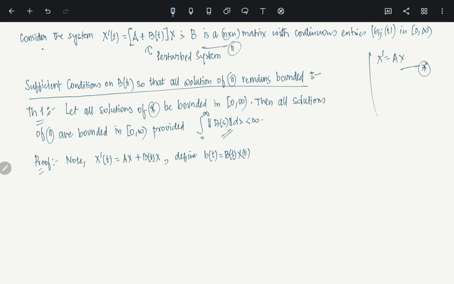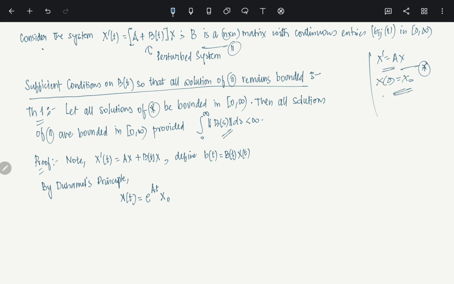Clear? So if we do that, then by Duhamel's principle, or variation of parameters, whatever you want to call it, what do you get? You get that x of t is e to the power At times x naught. Where is this coming from? This is the solution of this problem provided x of 0 equals x naught.